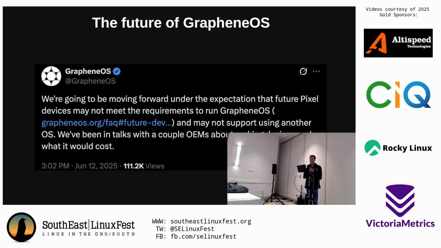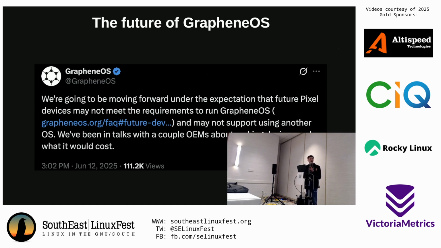So the Pixel-specific device trees are not available for Android 16, which is something that GrapheneOS heavily uses to port newer versions of Android to GrapheneOS. And this does not mean it's impossible for them to update GrapheneOS or utilize newer Pixel devices. However, this creates a tremendous amount more effort and work for them, which is why Android 16 is not out yet for GrapheneOS, or else it probably would have been by now.